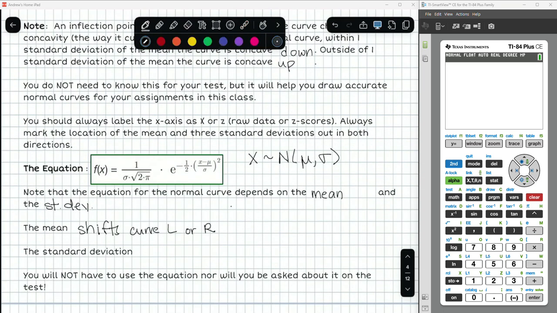The standard deviation is where those hash marks are. So the standard deviation makes the curve wider or narrower.